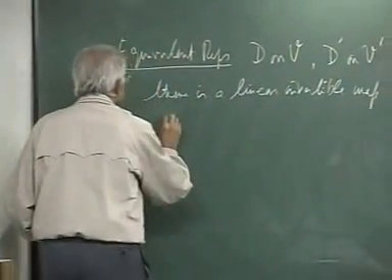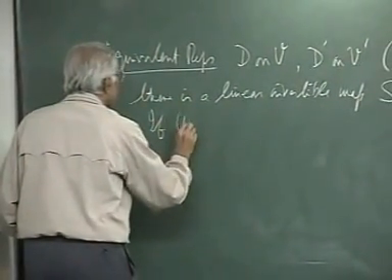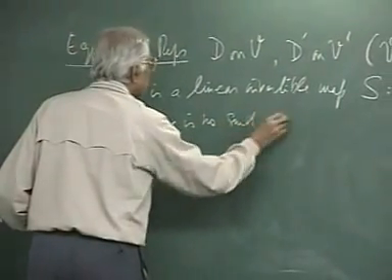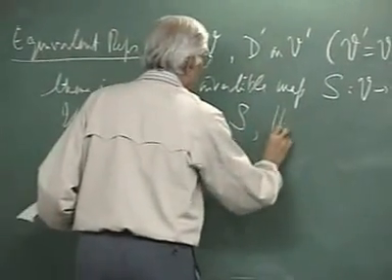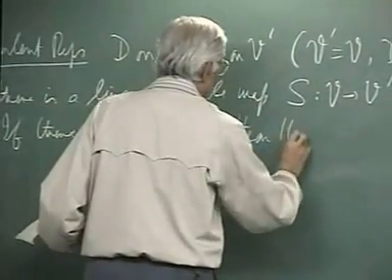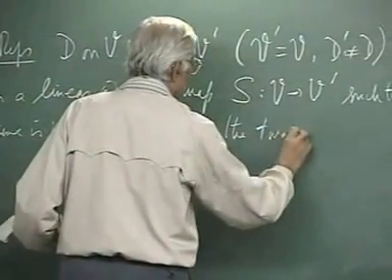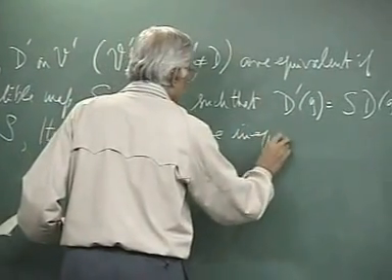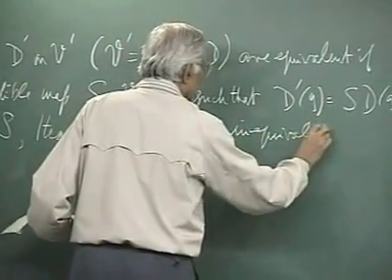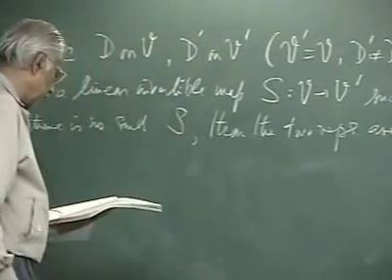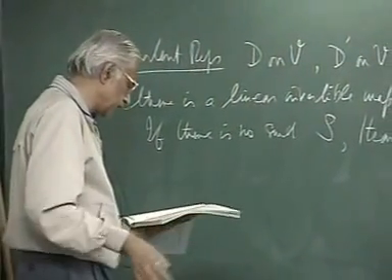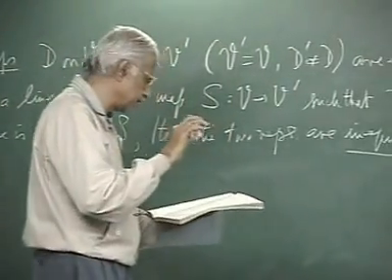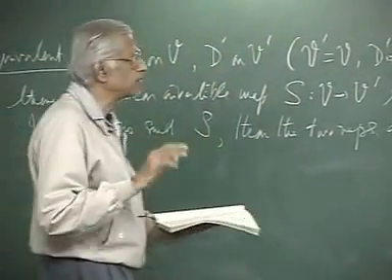Now, if there is no such S, then the two representations are said to be inequivalent. So, in most situations we are interested in representations, as we say, up to equivalence.